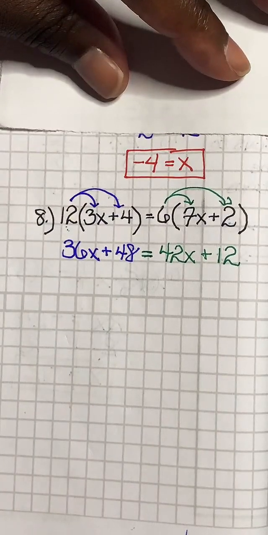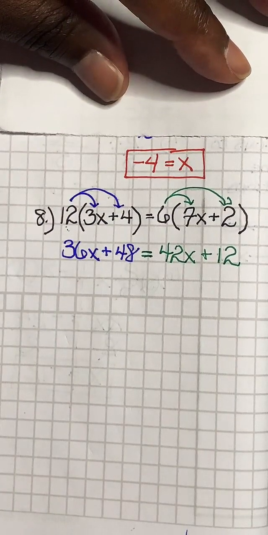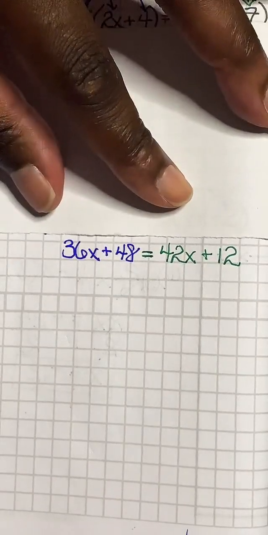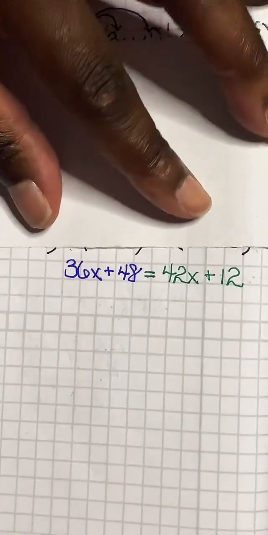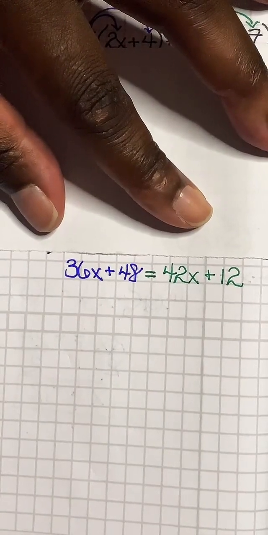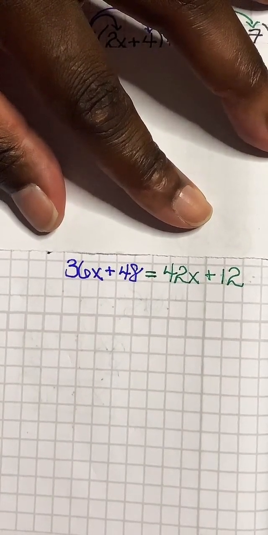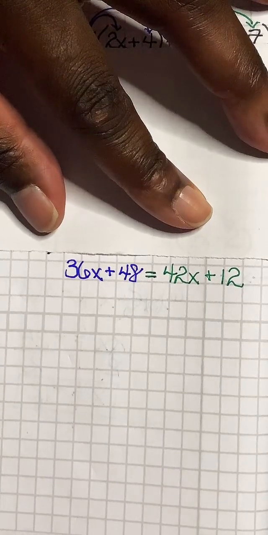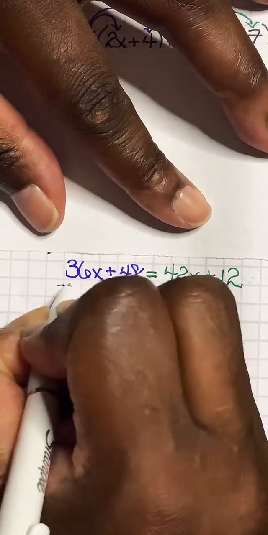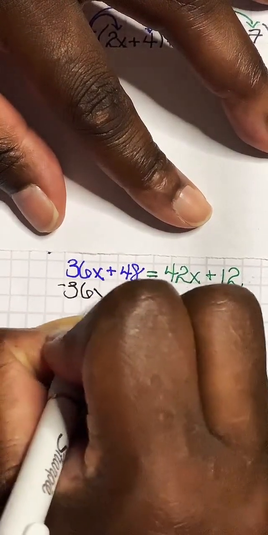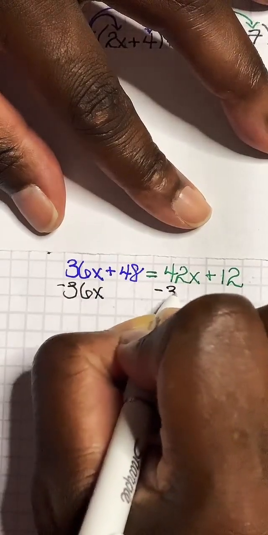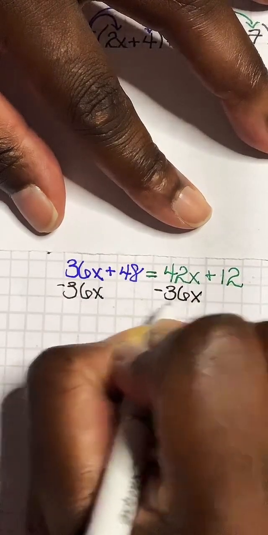Since they're both being multiplied, yeah, I guess you could. Yeah, you probably could have. All right, good eye. Sorry about that. I retract my no. I take that back. All right, so now I'm going to subtract the 36x on both sides.